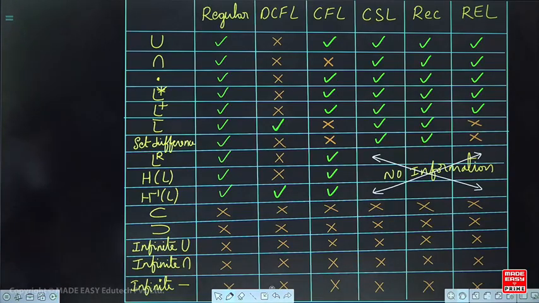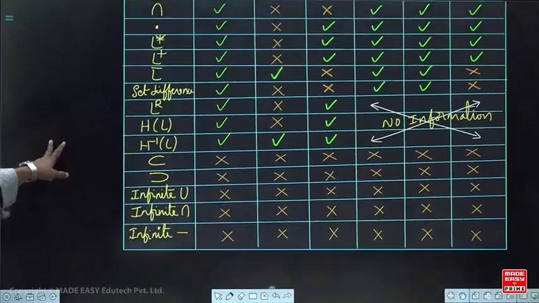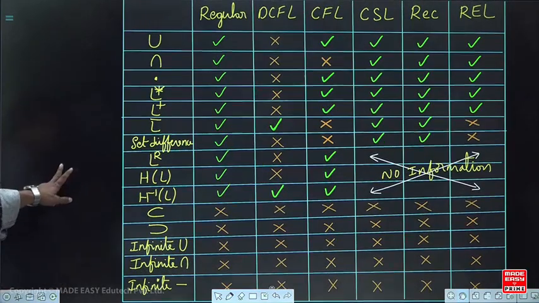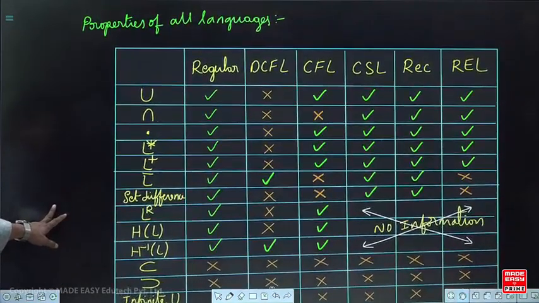Not REC means it can be RE or non-RE. So RE intersection non-RE will be non-RE. Simple. Any operation between two different languages goes to the above superset language. Okay? This is about properties of all languages, guys.